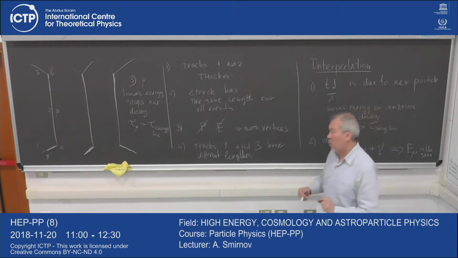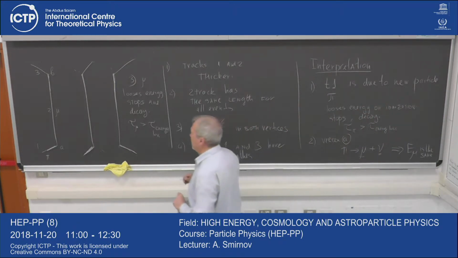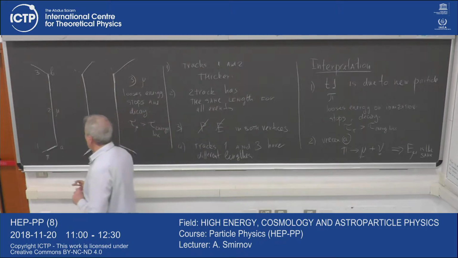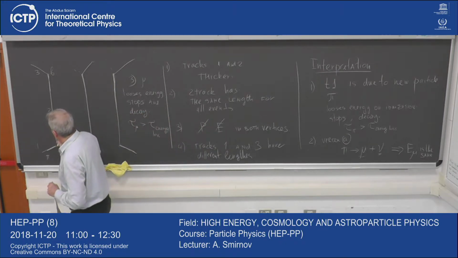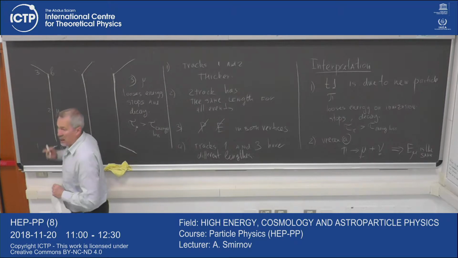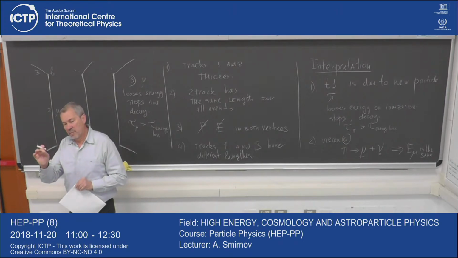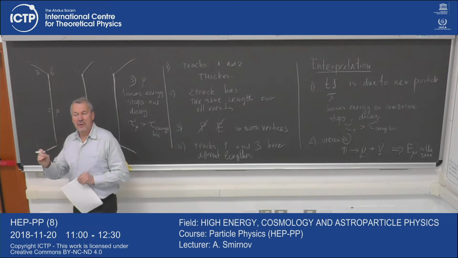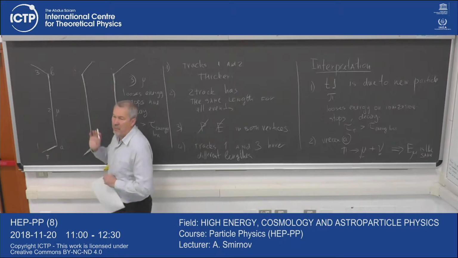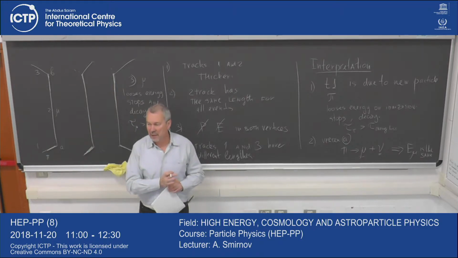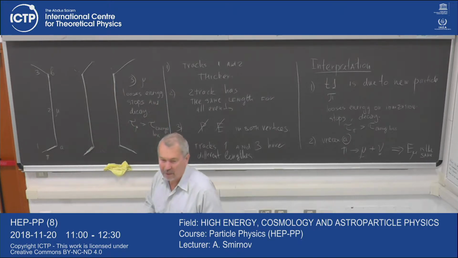Okay? With the average, of course, given by the lifetime of the muon. Now, since the length is essentially determined by energy loss, and energy loss is in small portions, it's like a classical process. And therefore, in all these events, you have the same lengths of the second track. Okay?